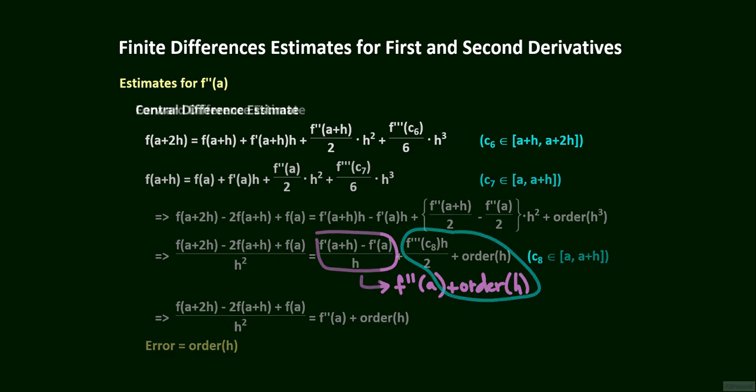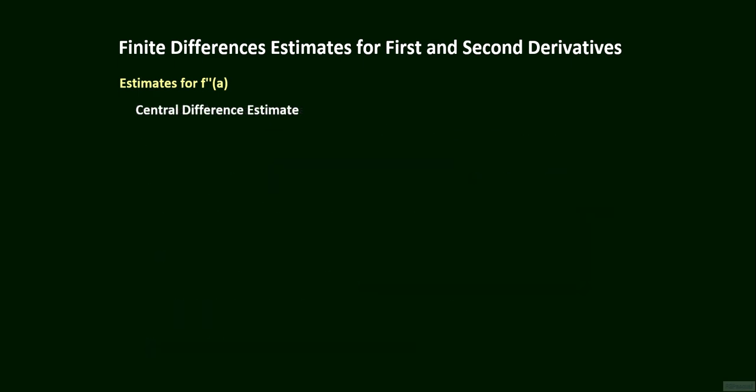For a central difference estimate for f double prime of a, we start with the Taylor representation for f of a plus h. After the h squared term is the error term f triple prime of c sub 9 over 6 times h cubed. C sub 9 is some real number between a and a plus h.